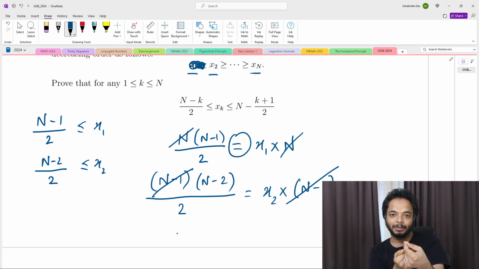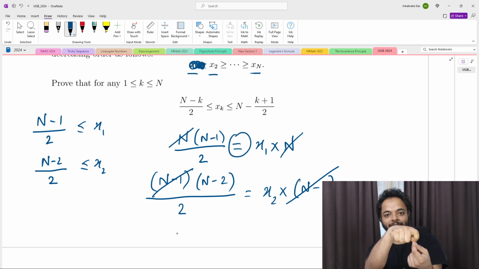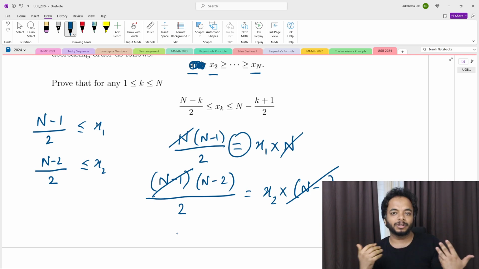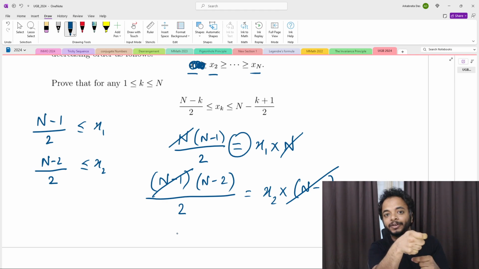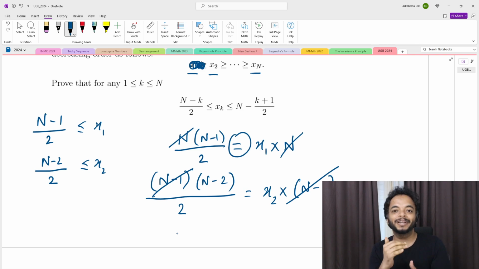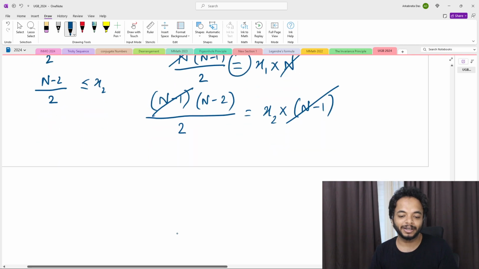If I bring another player, that value won't decrease. When team 2 plays team 1, if they lose, it's fine, the number of games they have won is at least N minus 2 by 2, and if they further win against the first player, they get more. So at least N minus 2 by 2, and so on and so forth.